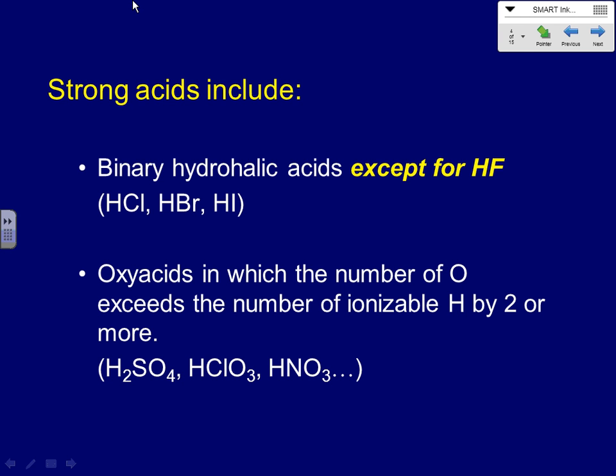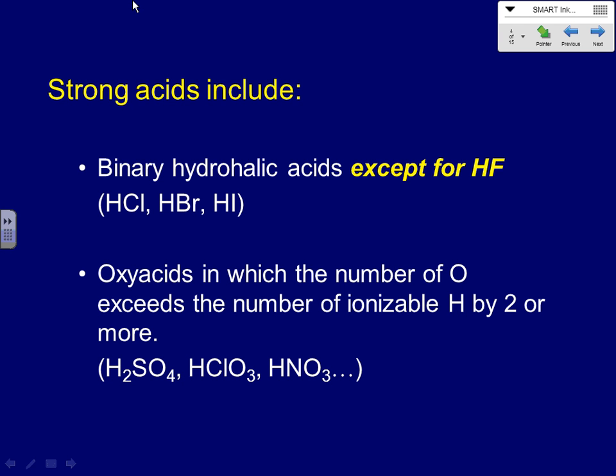It makes the H stick tight to that F. It does not lose its H's as readily. So this is actually weak. We will be using HF in many examples because it's a good classic weak acid.